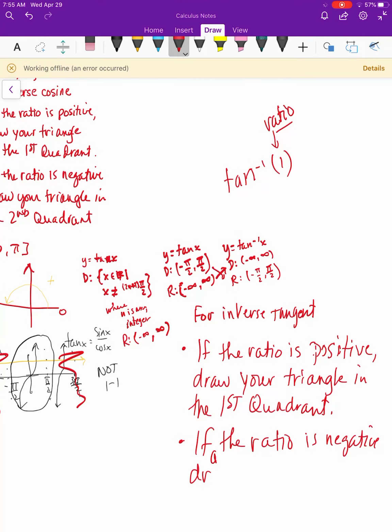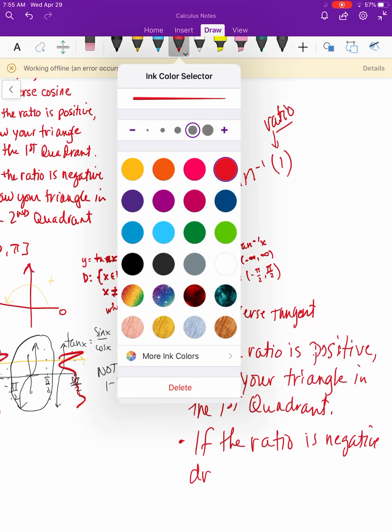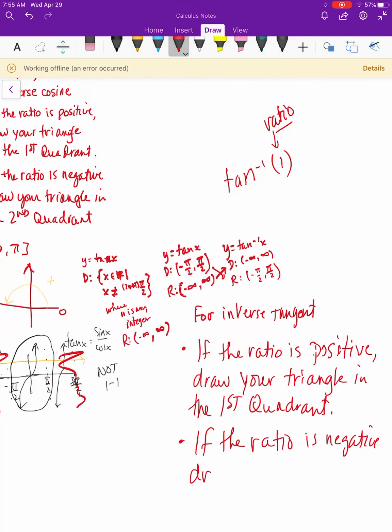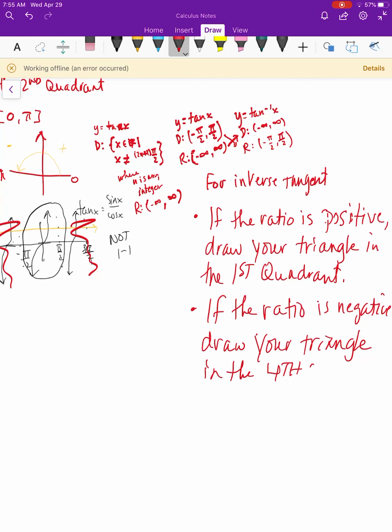If the ratio is negative, draw your triangle in the fourth quadrant.